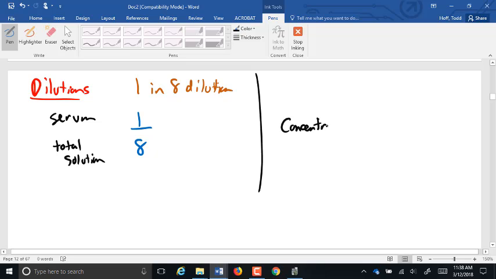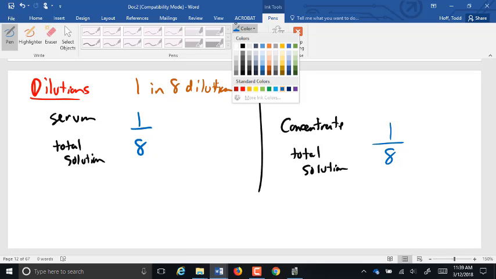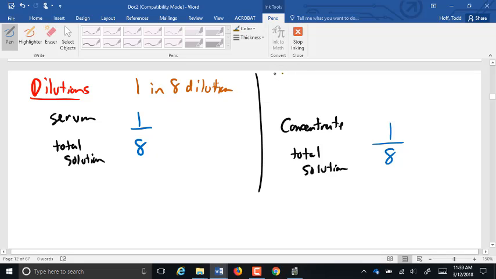So we had the concentrate to total solution. And both of them gave us significant consequences as far as constituting medications.